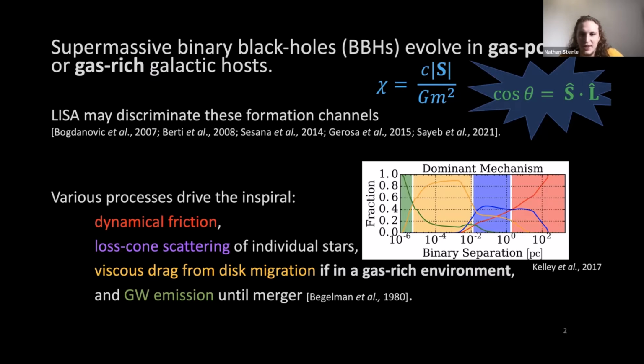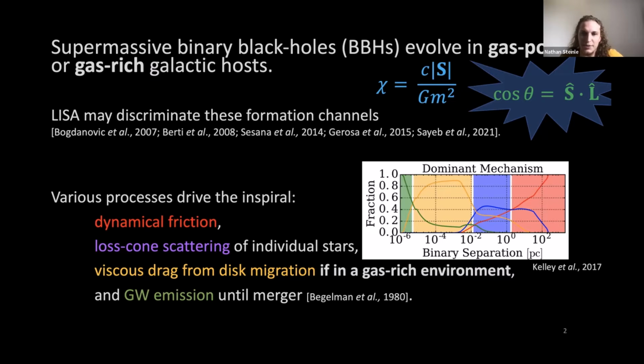The processes are generally thought of as being one or another dominant form of angular momentum loss through the evolution of the binary. At larger separations, the pairing of the two black holes is dominated by dynamical friction against the background stars. And then, as Kelly just explained, the loss cone scattering of individual stars by the binary becomes relevant.